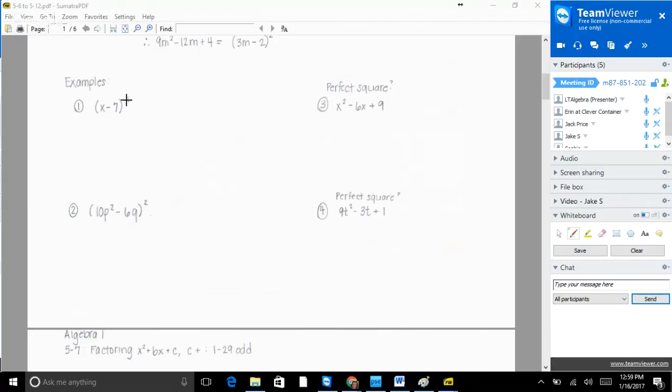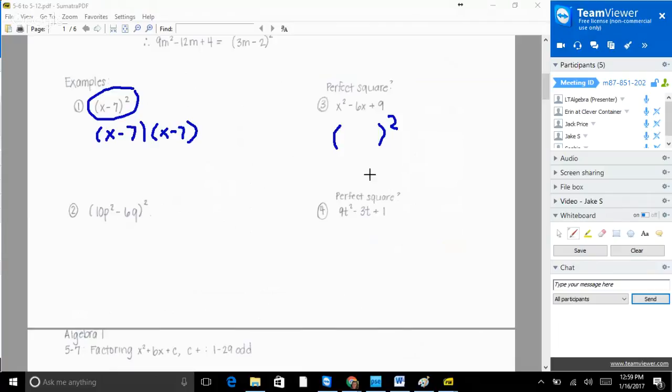So x minus 7 squared is the same as x minus 7 times x minus 7, right? We talked about that. But this is kind of a special mathematical case that we call a perfect square. So what they're basically asking you when they say, is this a perfect square, is can we factor this so that it turns into something that looks like this?